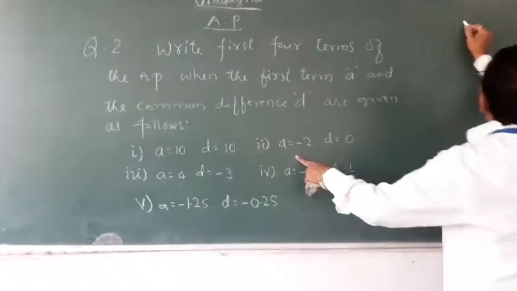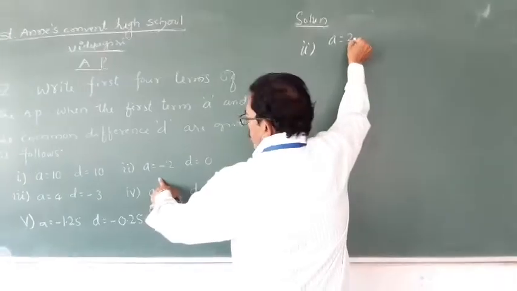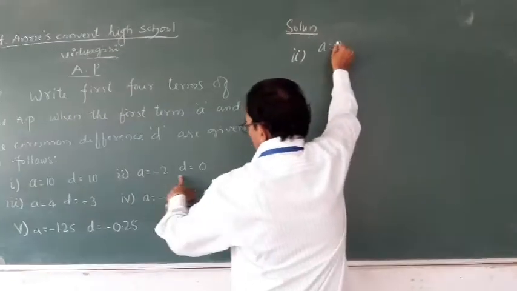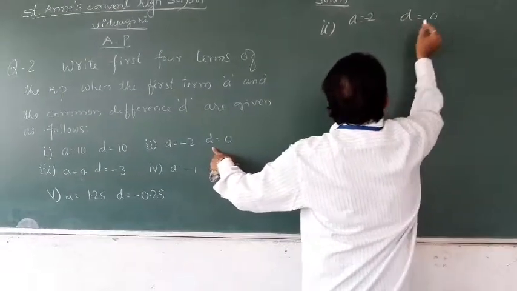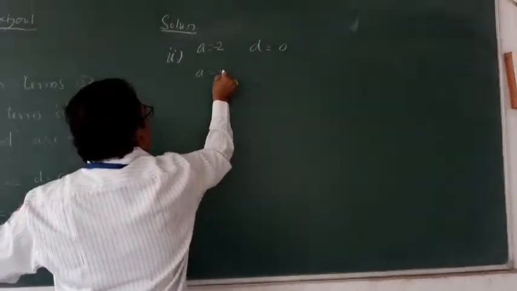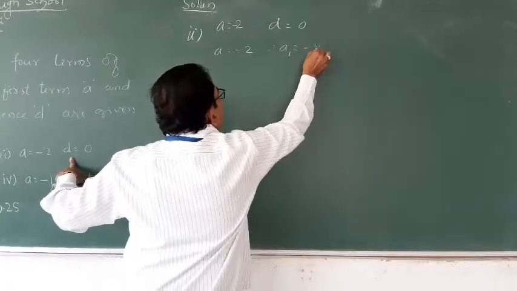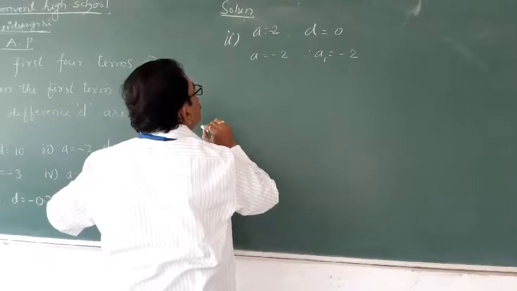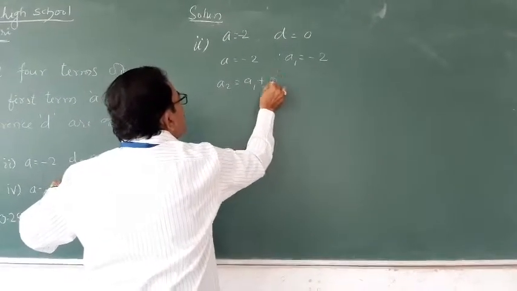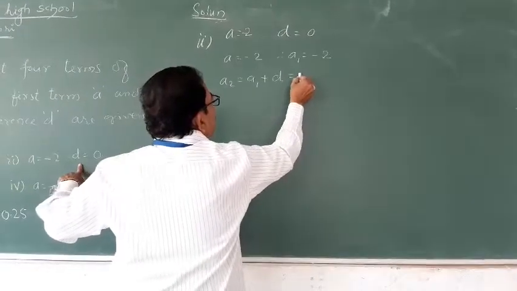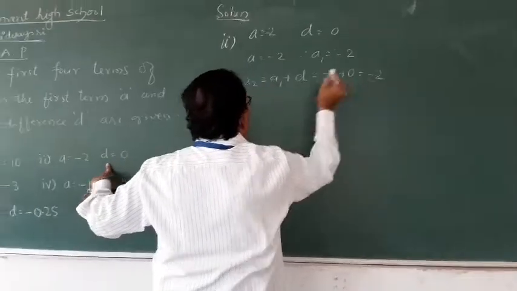Second, A equals minus 2, D equals 0. A equals minus 2 means A1 equals minus 2. Then A2 equals A1 plus D, that is minus 2 plus 0, that is equal to minus 2.